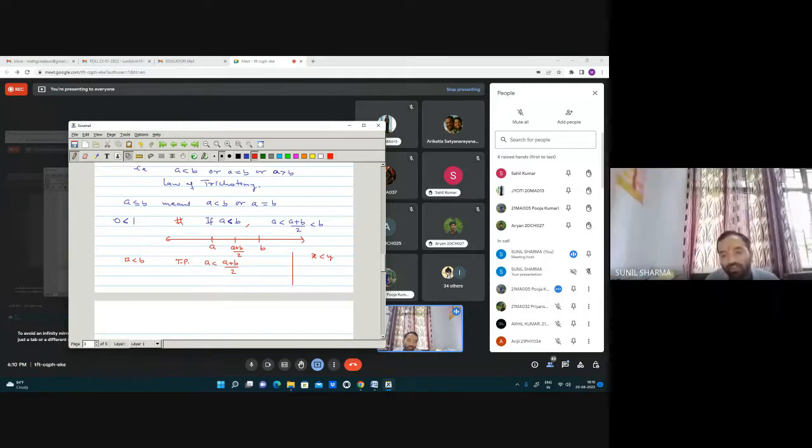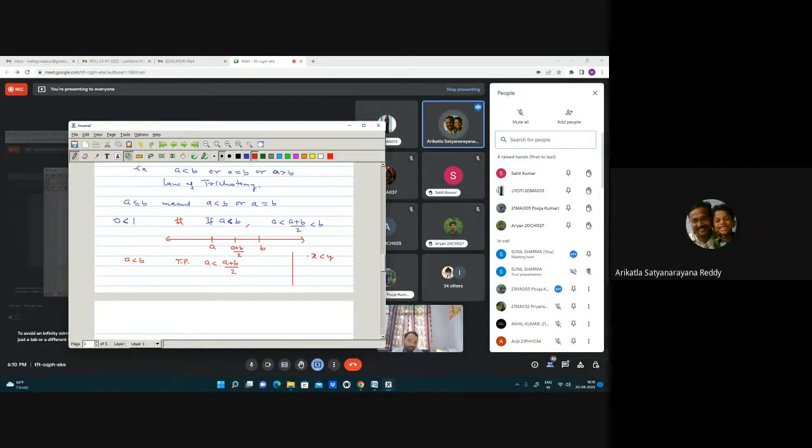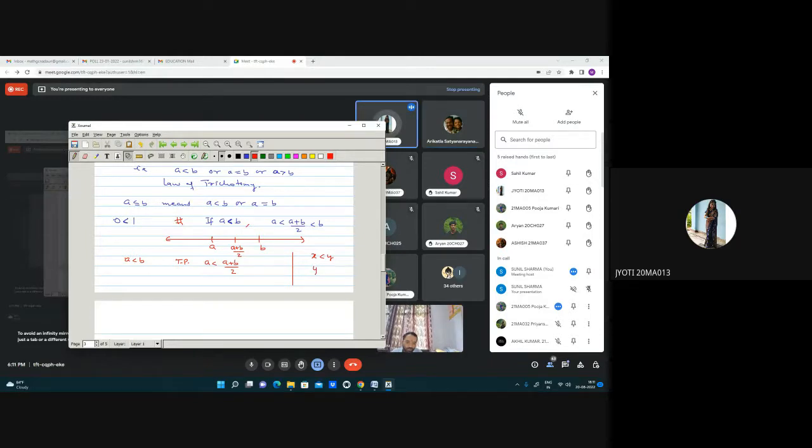That is true, that is fine, but we have already discussed x less than y. Which approach do we follow to prove x is less than y? Sir, y minus x greater than 0.